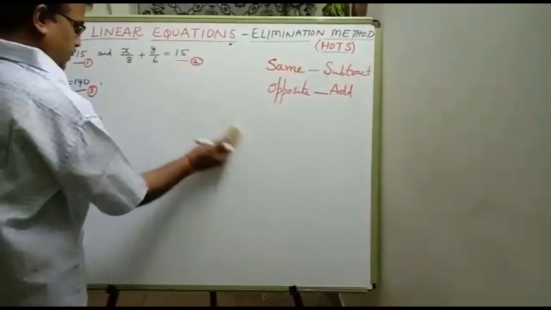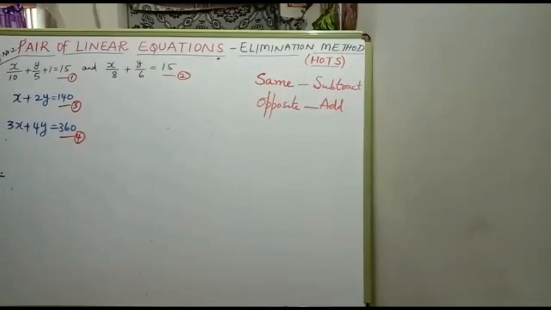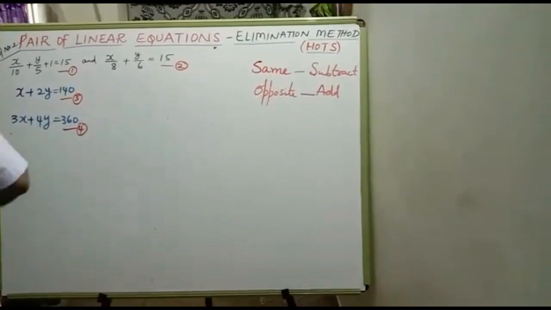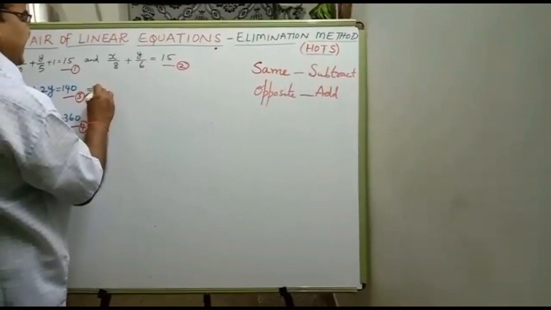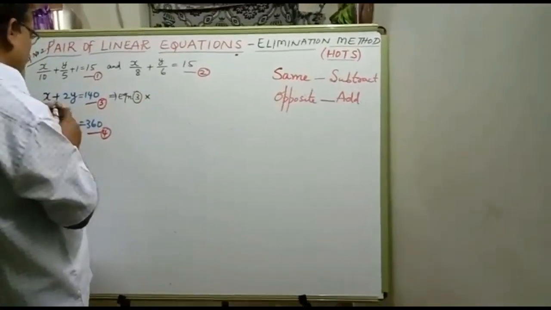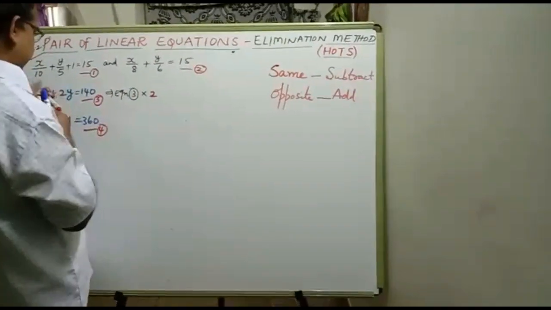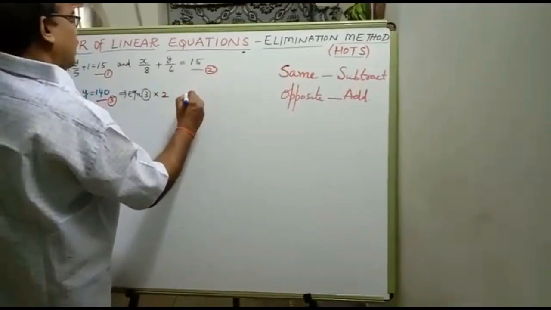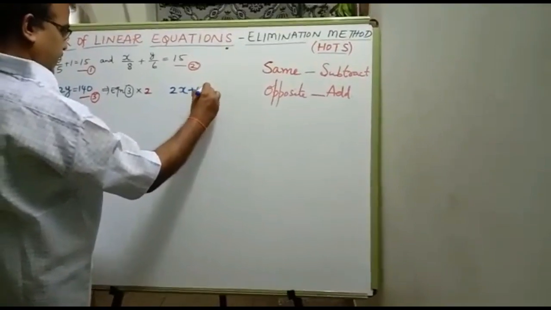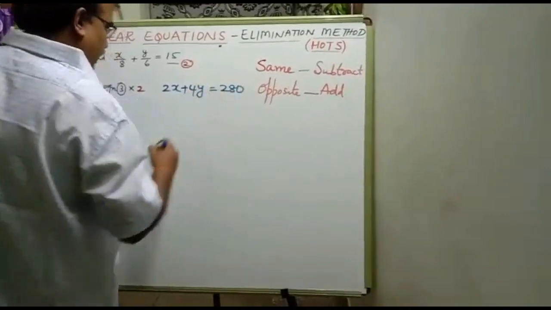Now, equation 3 into 2. Just now I explained. Equation 3 into number 2 implies 2x plus 4y is equal to 2 into 140, that is 280.